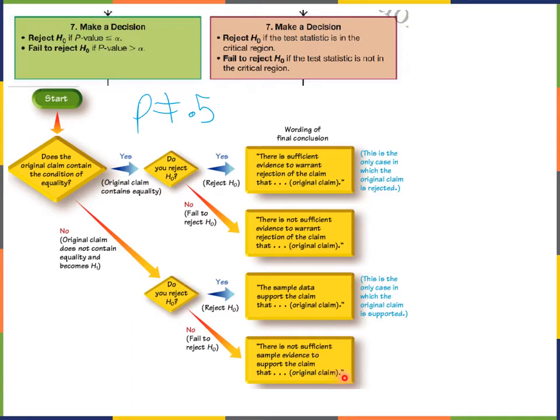So what would we do? Well, we could go back and do a new sample, ask some more kids whether they want to go to the zoo. We could change our claim. Remember, we could have done equal to 0.5 instead of not equal to 0.5. We did not equal to 0.5. That could change things because that would change some of the answers to these questions.